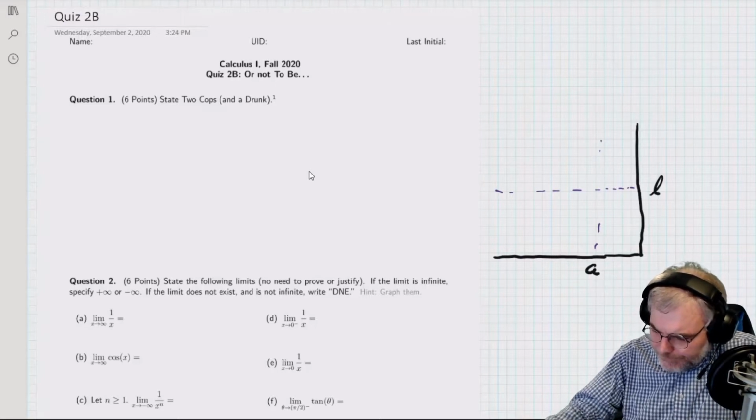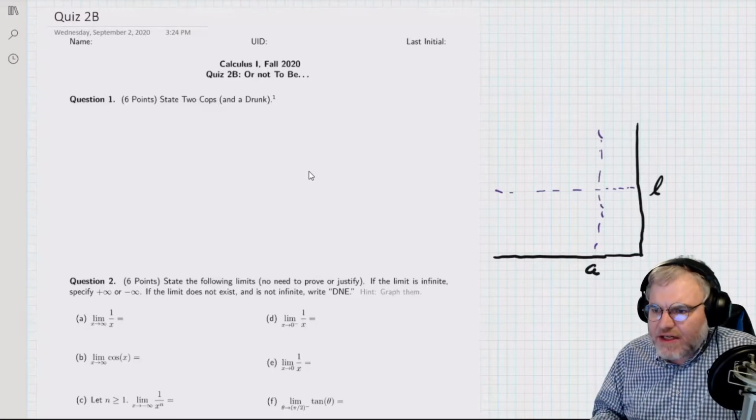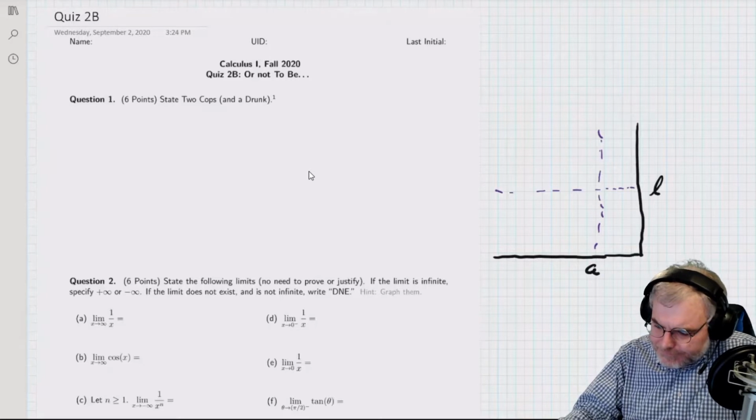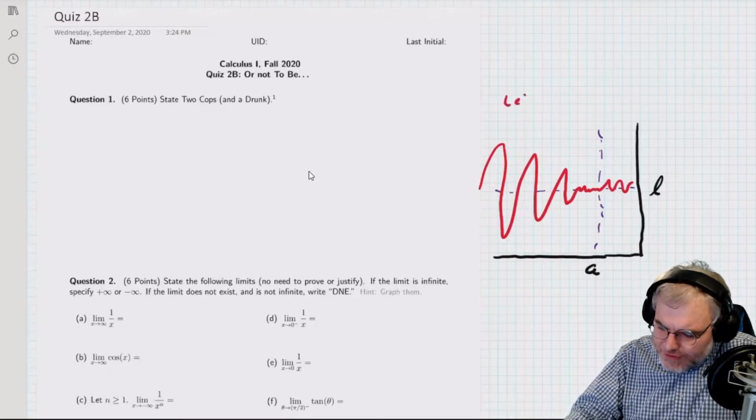And then I have a function, f, that's a bit drunk.